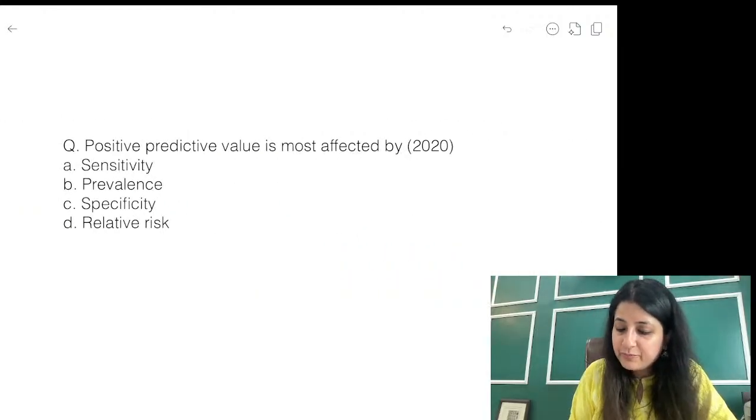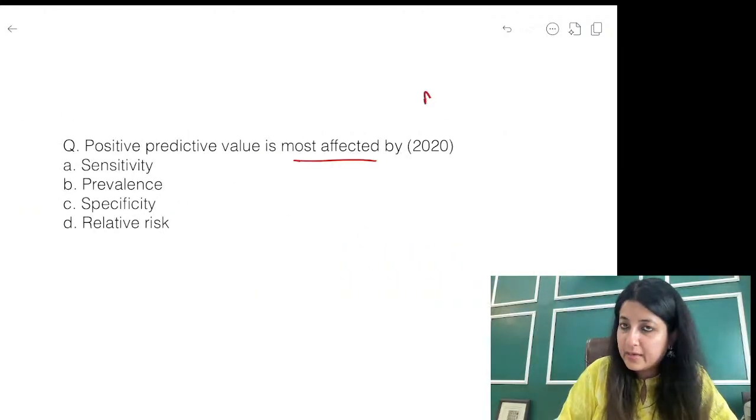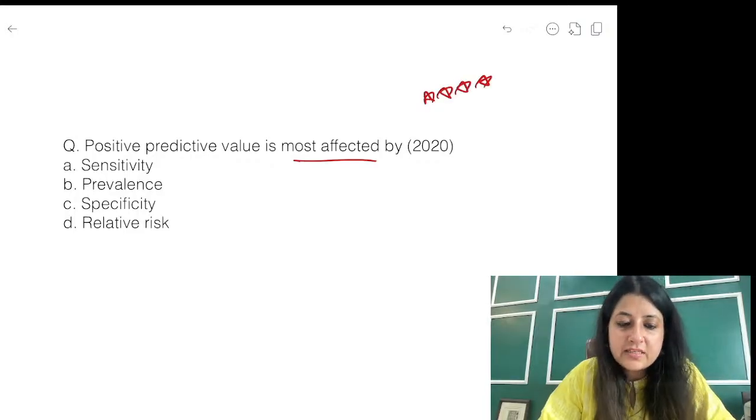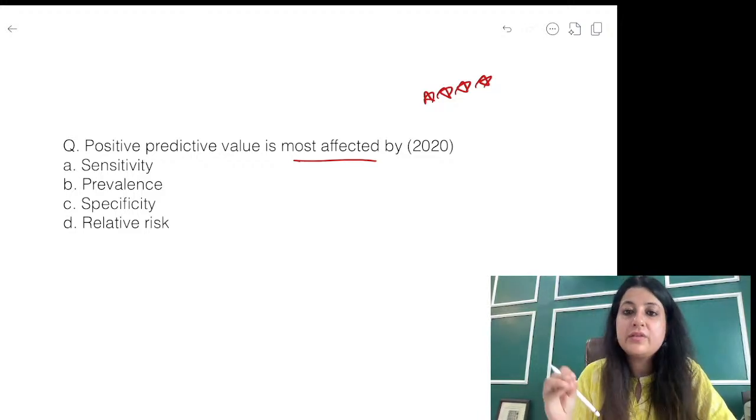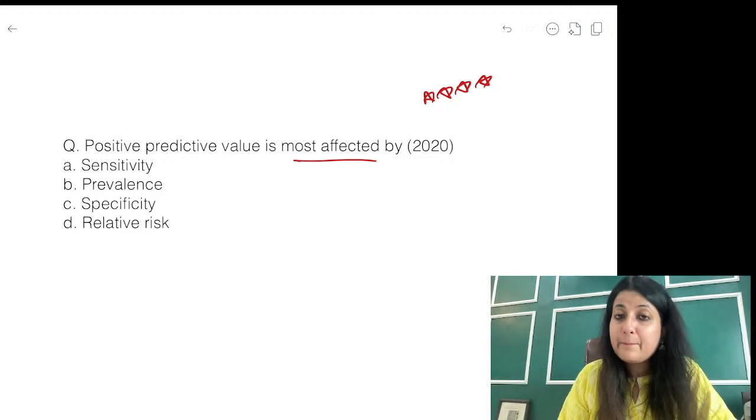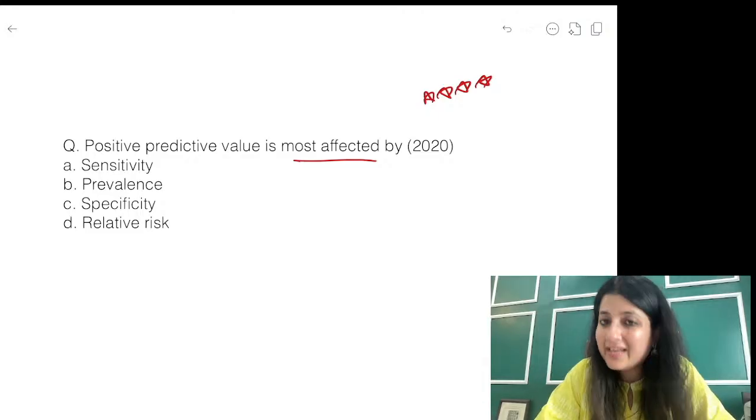Okay. Positive predictive value is most affected by, 4-star question. All the exams give you this question. Positive predictive value is more affected by, what is it? What is your answer over here? Whenever you get a question related to PPVs, NPVs, very good.